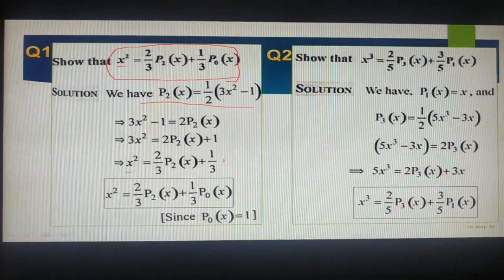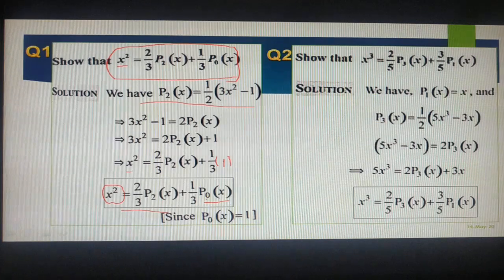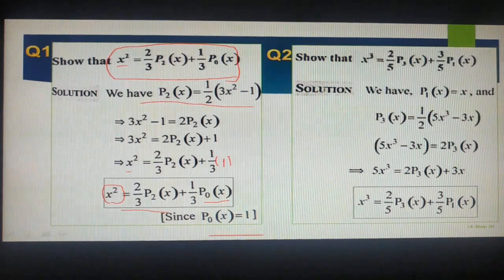This 1 by 3 is nothing but 1 by 3 into 1, and I can write this 1 as P0 of x. So we have written the regular polynomial x square in terms of Legendre polynomials. The result is x square equals 2 by 3 P2 of x plus 1 by 3 P0 of x.